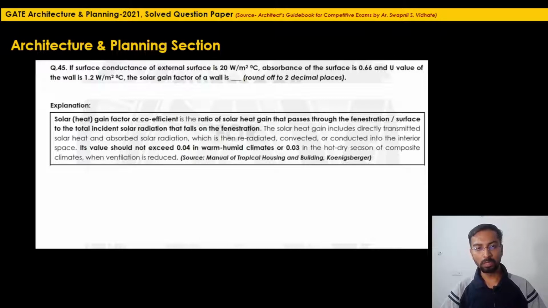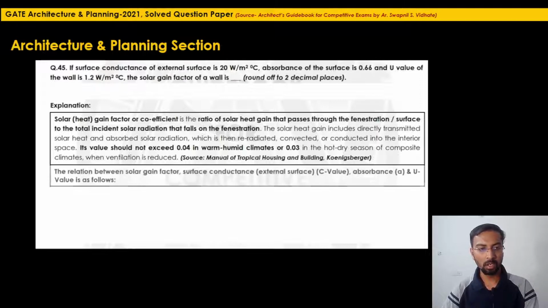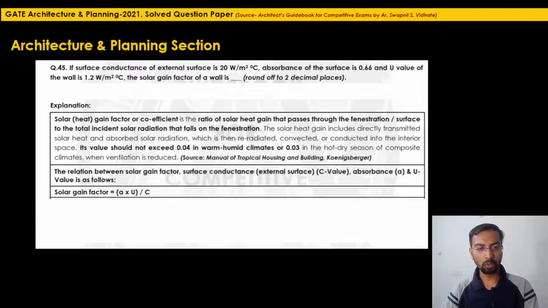To find the answer for this particular numerical problem, one should know the formula for the solar heat gain factor. So what is the relation between solar gain factor, surface conductance, that is C value, absorbance A and U value? Solar gain factor equals A into U divided by C. What is A?